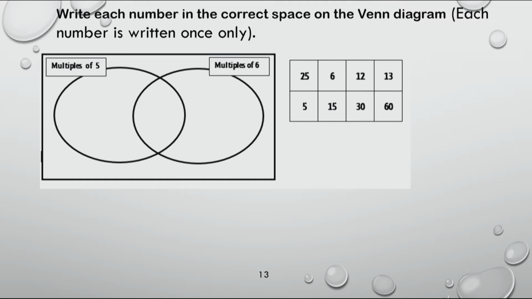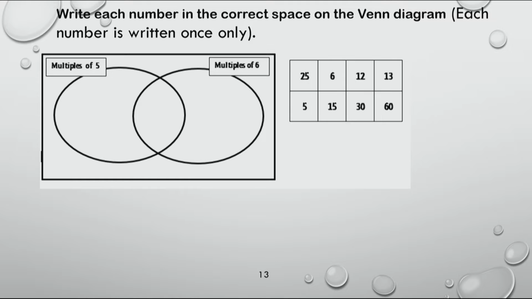You've got the multiples of 6 and the multiples of 5 in that Venn diagram, and I've given you a set of numbers. What you need to do is classify those numbers on the Venn diagram. You have to write each number once only. You cannot repeat the numbers. Have a go at that.